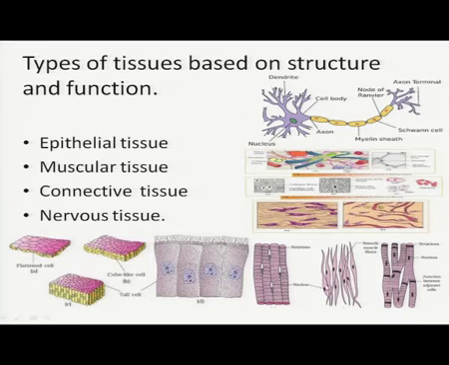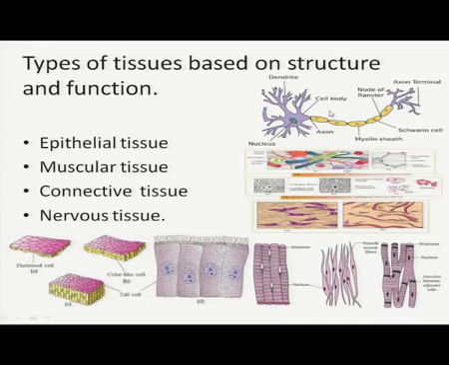Then muscular tissues, different types of muscular tissues. Now, see the different types of connective tissues, and here you can see the nervous tissue, neurons.